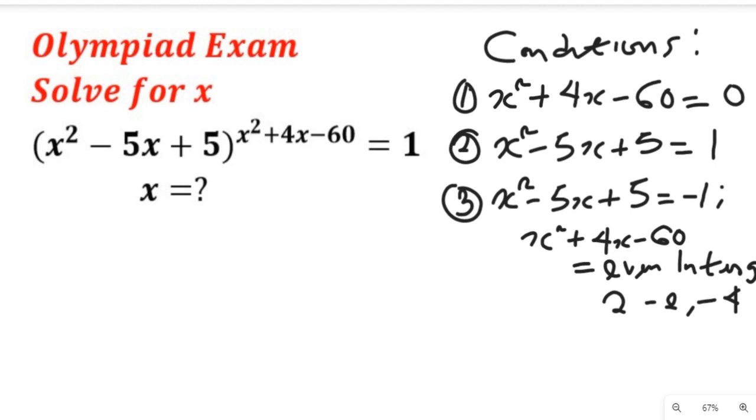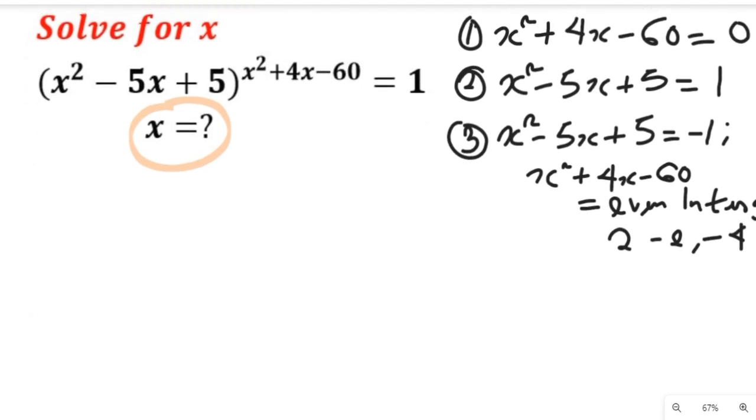Now we're going to analyze these equations in order to find the values of x. When we simplify all these conditions, we are going to come up with values for x that will satisfy this quadratic exponential equation. Let's look at condition 1: x squared plus 4x minus 60 is equal to 0.